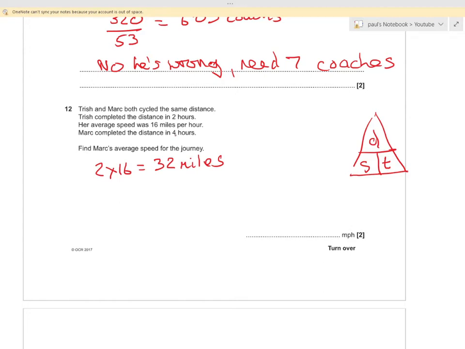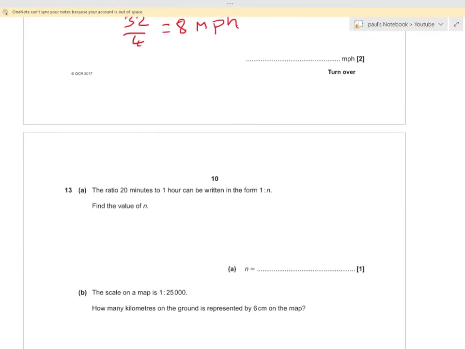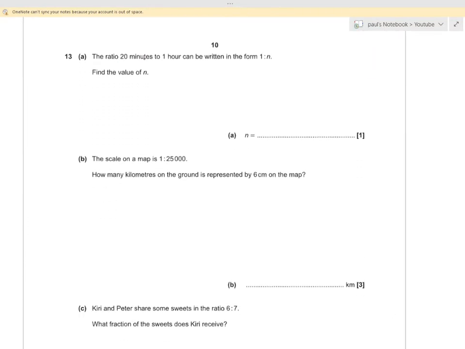Mark completed the distance in 4 hours. So we need to find the speed, which is the distance divided by the time. So 32 divided by 4, which equals 8 miles an hour. The ratio 20 minutes to 1 hour can be written as 1 to n.